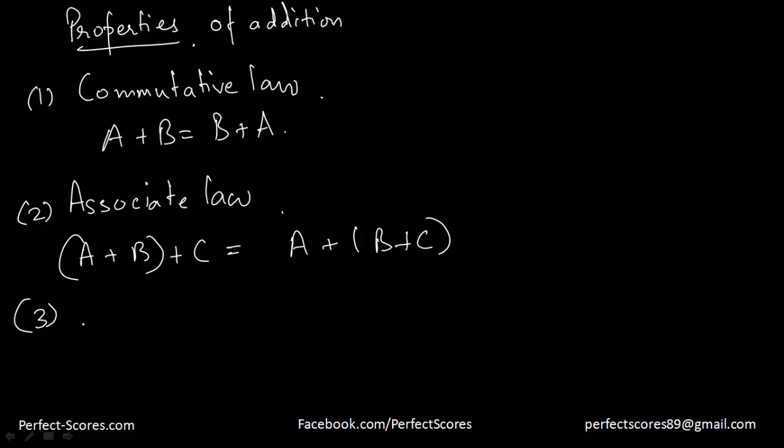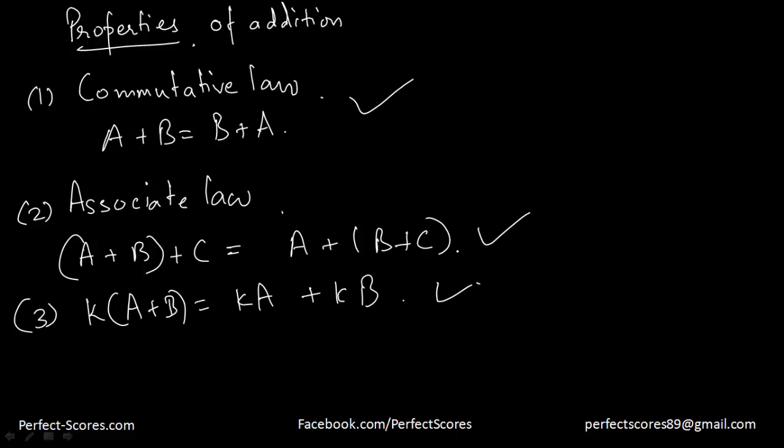The third thing is that K times (A plus B) is equal to K times A plus K times B, right? So these are some of the important properties. It's pretty obvious, but something that you should definitely know.